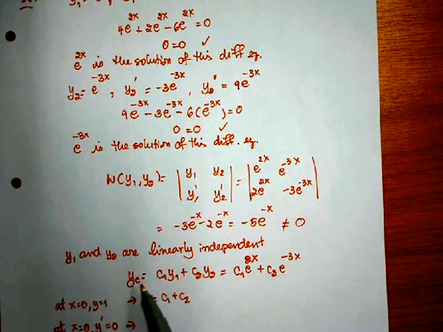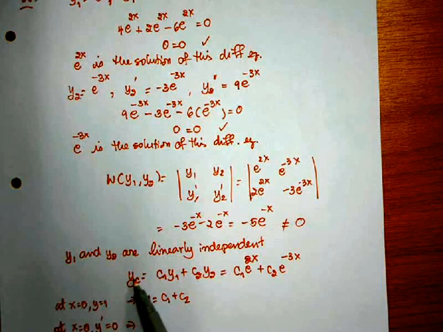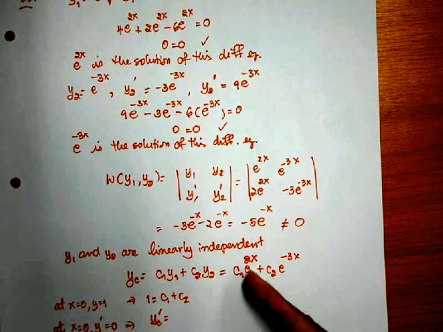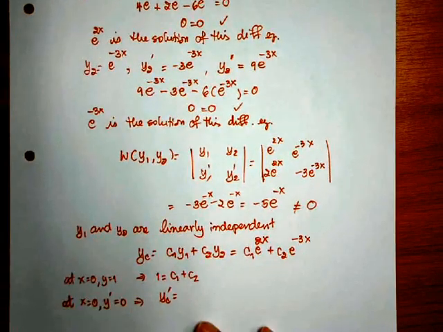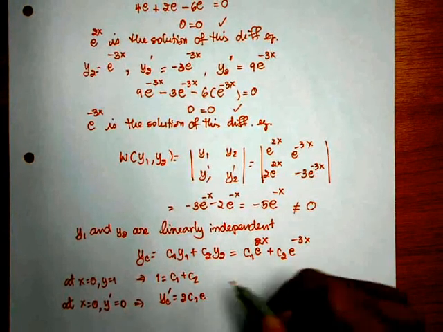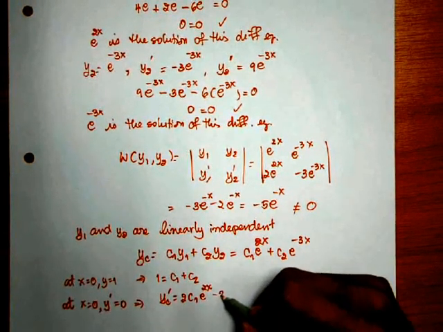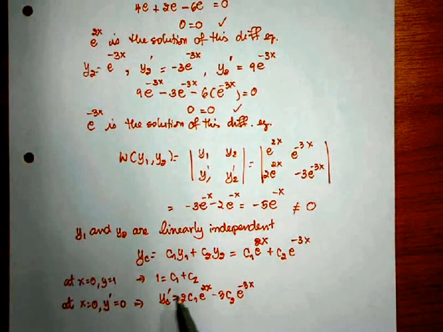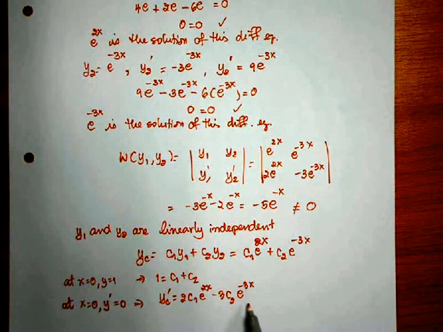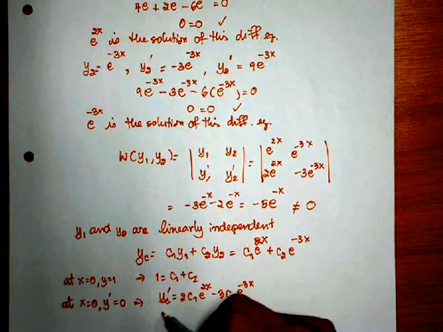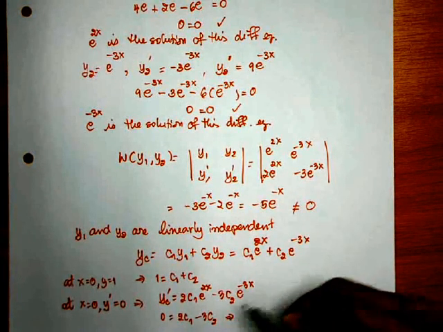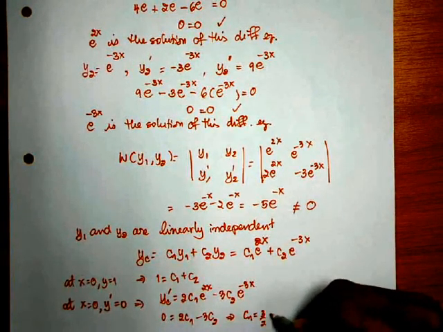To take the derivative of yc, we would get yc prime equal to, c1 and c2 are constants, so you would get 2c1 and minus 3c2. And then after you differentiate, you can plug in the boundary condition. Okay, we will get 0 equal to 2c1 minus 3c2, or c1 equal to 3 over 2 c2.